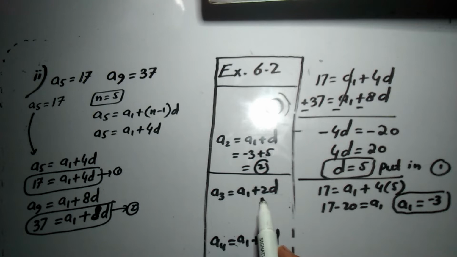Similarly for the third term, a1 is minus 3 plus 2 multiplied by d, that is minus 3 plus 10, which will be equal to 7. a3 will be equal to 7. Similarly, a4 will be equal to minus 3 plus 15, so this will be equal to 12.